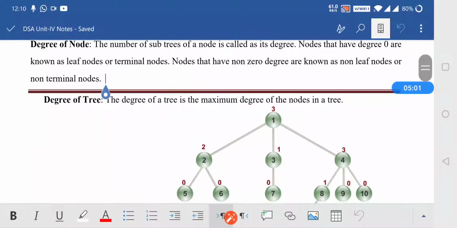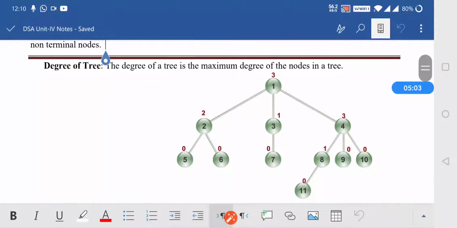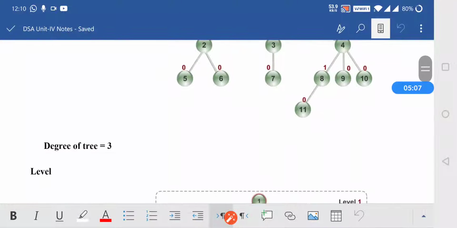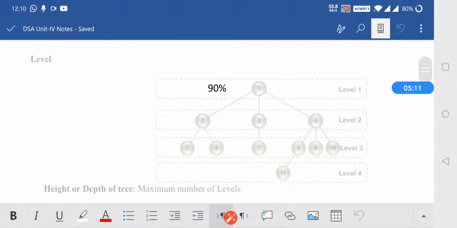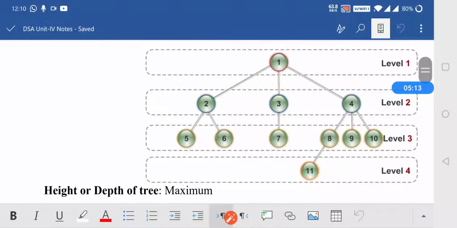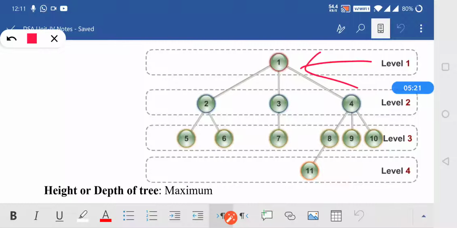Now degree of tree. So the degree of tree is the maximum degree of the nodes in the tree. That is nothing but 3. Now we can see the levels. See this particular example. Where the root node is present, that is called level 1 of any tree. Then the child nodes under the root node are at level 2.